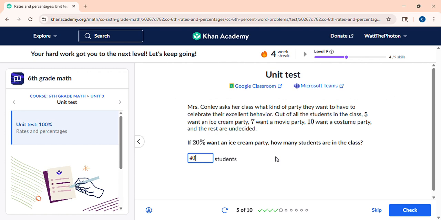I think I'm doing my math right. 5 divided by 0.2. No, that's a fifth, so that's 25 students. I guess that makes sense. So 5 plus 10 plus 7, that's 22. 20, 60, 80, 100. I see that.